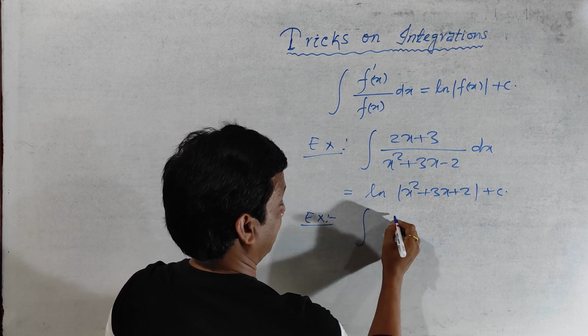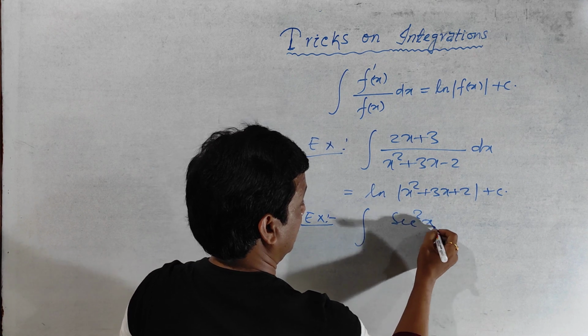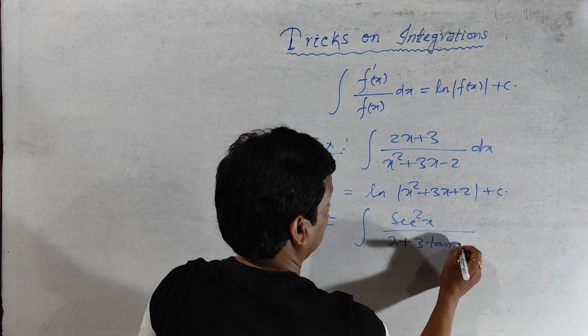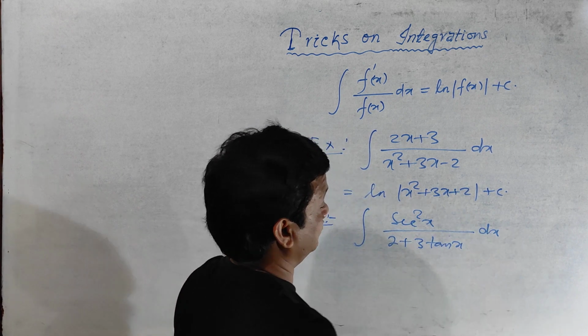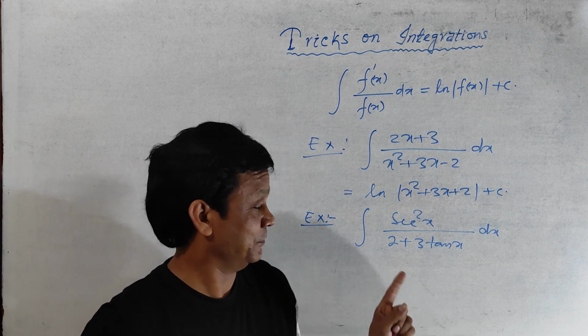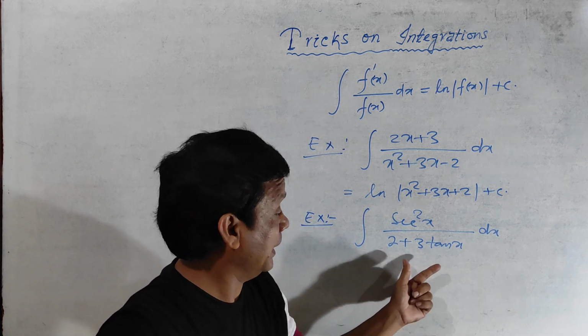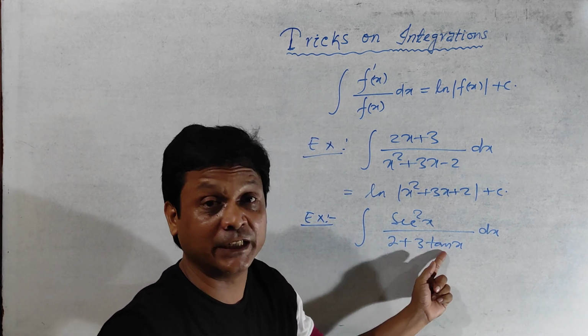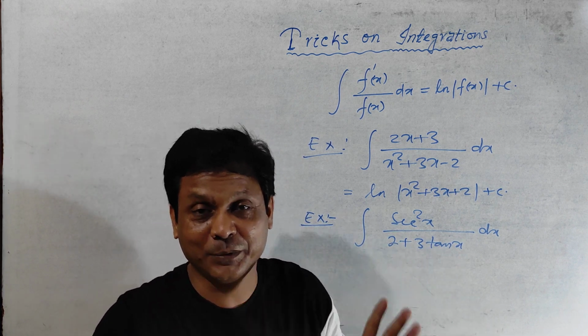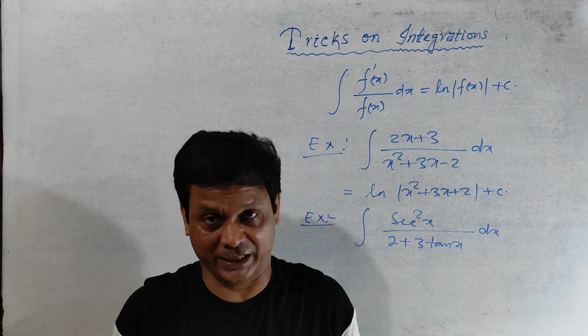Integration sec square x divided by 2 plus 3 tan x into dx. Now what is the derivative of the denominator? The derivative of 2 is 0 and the derivative of 3 tan x is 3 sec square x. The derivative of the denominator is 3 sec square x.